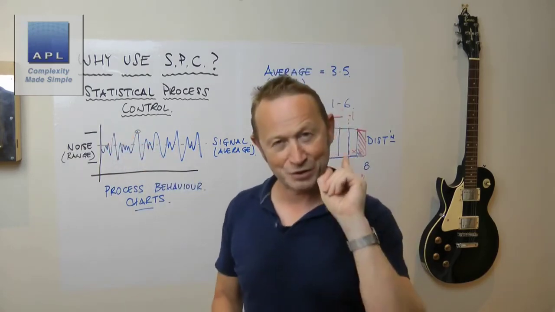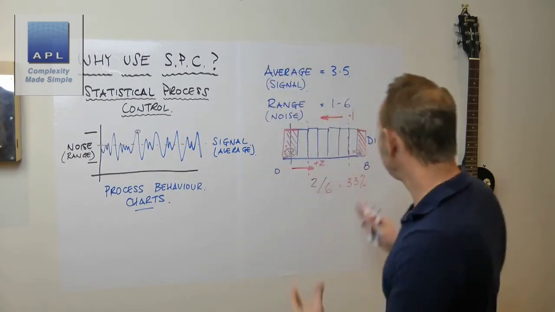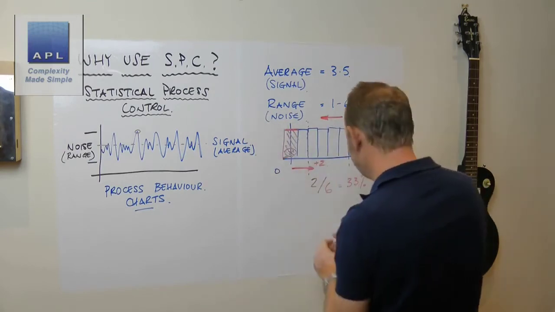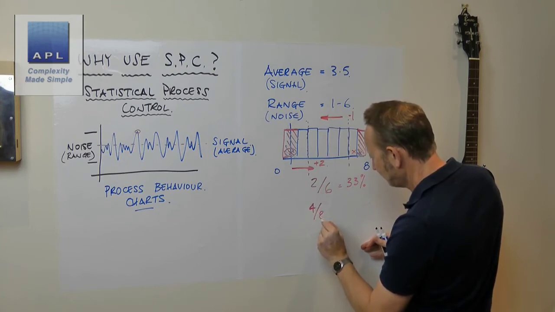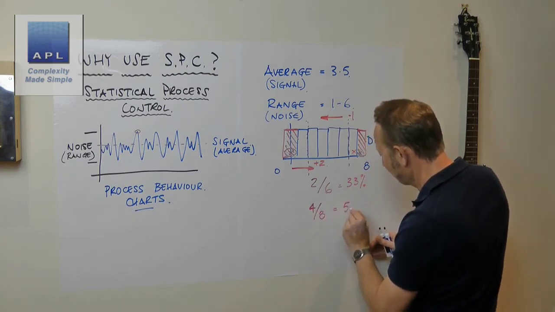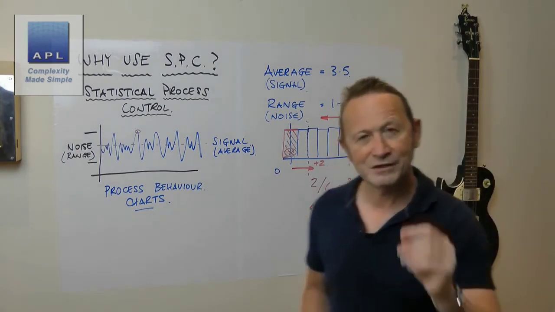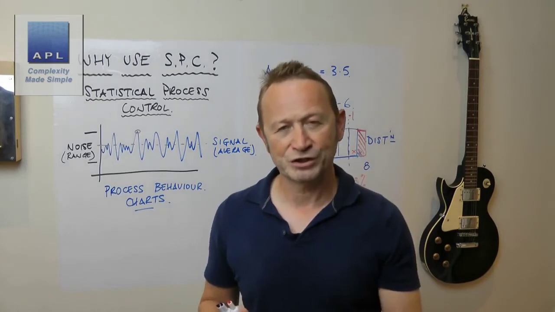From one data point, they are making an adjustment. What have they done? They've made the situation worse. They're moving this thing backwards and forwards, and suddenly now we've got a defect rate of 4 in 8 or 50%. Your people are making your processes worse.